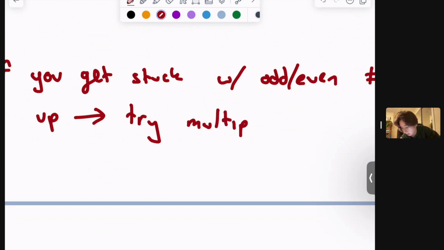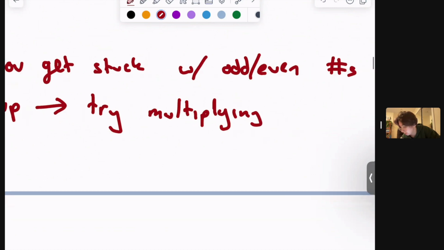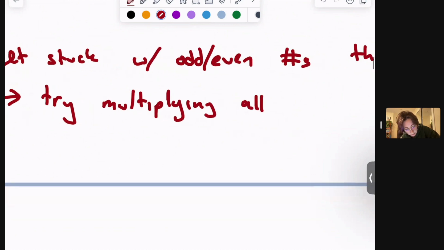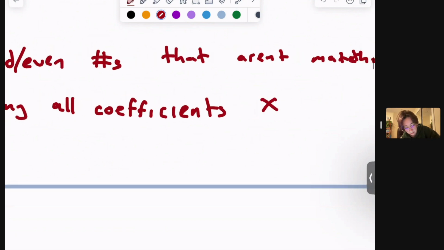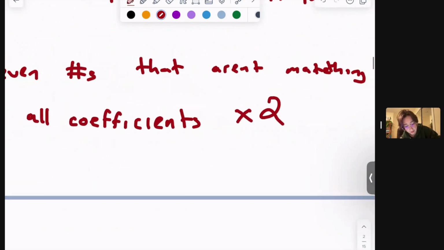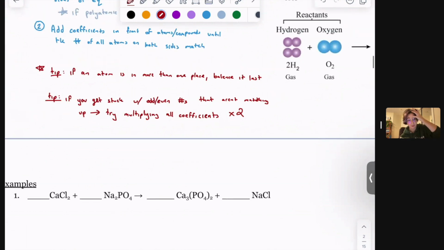Just double everything, and that will usually fix it for you. Again, it takes practice. It takes actually seeing some examples to feel more confident in this. But this is kind of your fail-safe. A lot of people get stuck when they can't get the odds and the evens to line up. So just keep going. If you're on the right track, just keep going. Make the numbers even bigger if you have to.